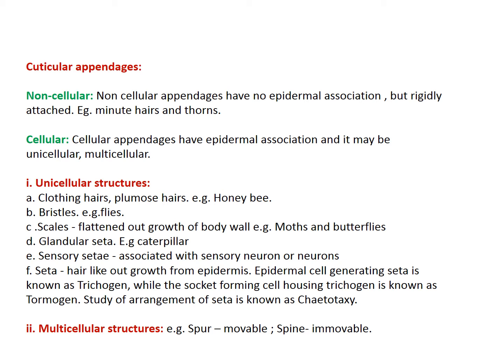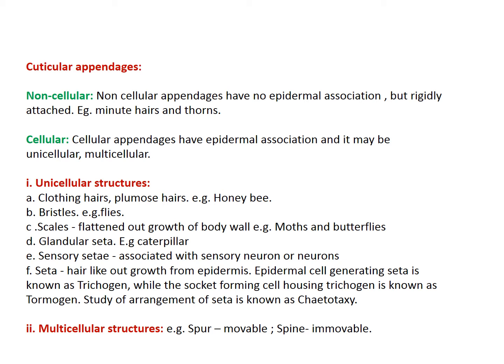The unicellular structures are clothing hairs and plumose hairs, which are seen in honeybees, and bristles, which can be seen in flies. Different types of flies have bristles. Scales are flattened outgrowths of the body wall, seen in moths and butterflies. The glandular setae are seen on Lepidopteran caterpillars. Sensory setae are associated with sensory neurons.